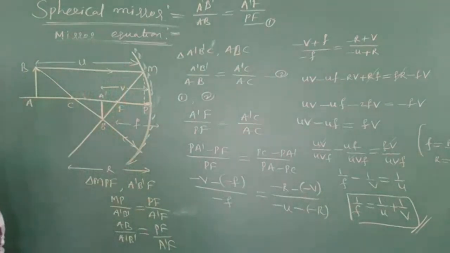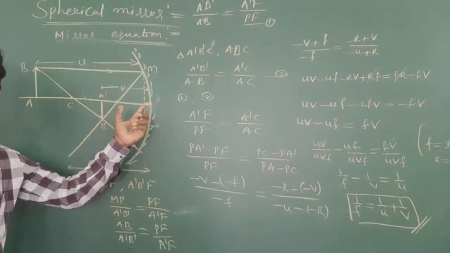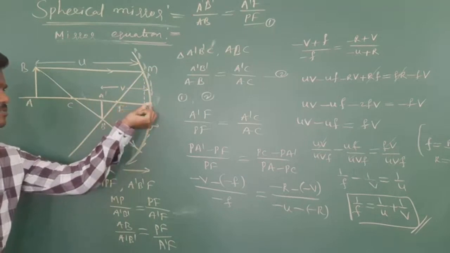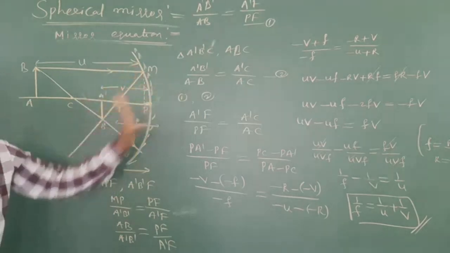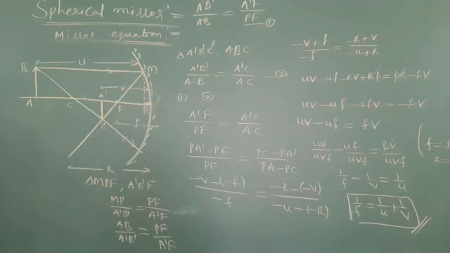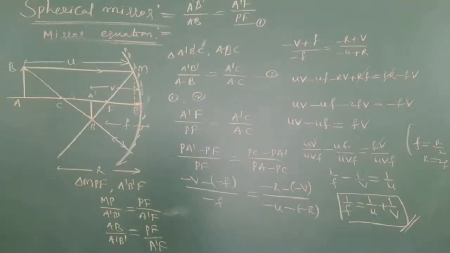So see the derivation: here I actually took P dash P. If I draw the normal for this axis, almost this small gap I am neglecting, so I will get a proper triangle shape. Take this one.